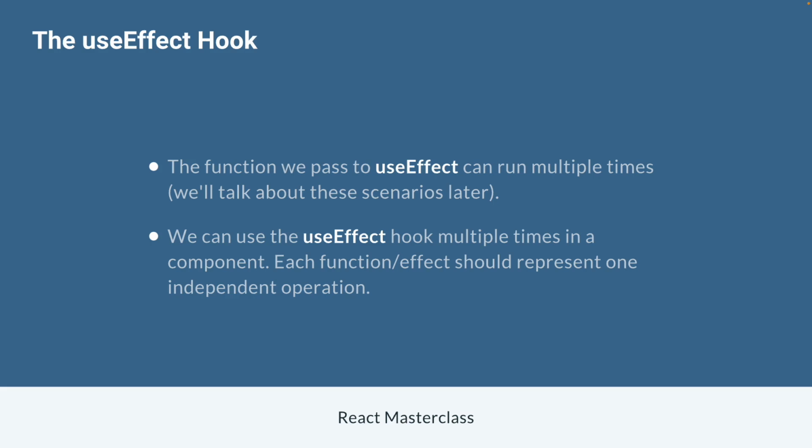But for the purposes of organization, what the function that you pass to useEffect should represent is a single independent operation, a single independent side effect, something the component needs to do besides rendering that we need to perform in order to get some kind of functionality working, such as getting, for example, data from an API. That's not the only example, by the way, of what we can do as an example of a side effect, but it's one example that should just get our brain juices flowing.